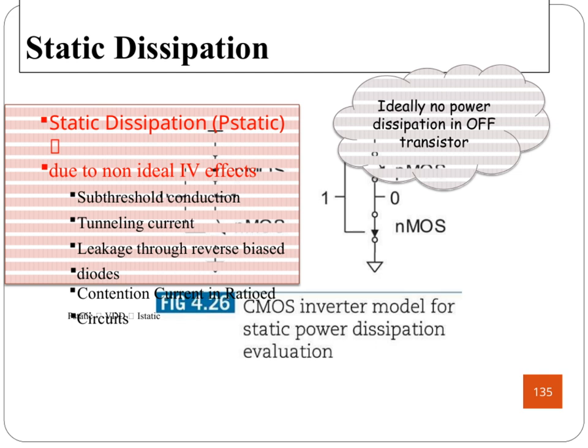These include subthreshold conduction, where current leaks even below the threshold voltage, tunneling currents that occur at very small scales, and leakage through reverse bias diodes within the circuit. Additionally, in ratioed logic circuits, contention current can contribute to static power loss. Ideally, there should be no power dissipated when the transistor is off, but these non-idealities make some level of leakage inevitable. Understanding these leakage paths is crucial for designing low-power circuits.